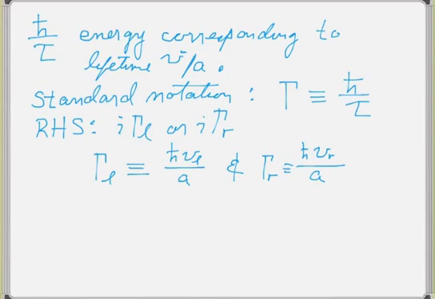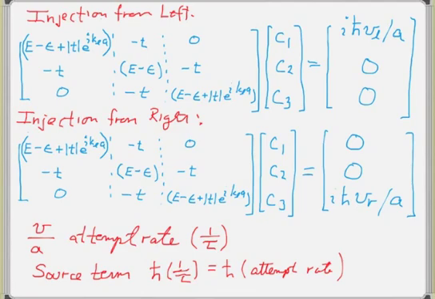And now let's look at the final form of our 3x3 matrix. So the middle row is unchanged. The middle row is exactly what we would have had, because the middle row didn't couple to either the left or the right contacts. It was solely contained within the device. Before we started manipulating this, every row looked like the middle row, just shifted over to the right or to the left as we went up and down the diagonal.